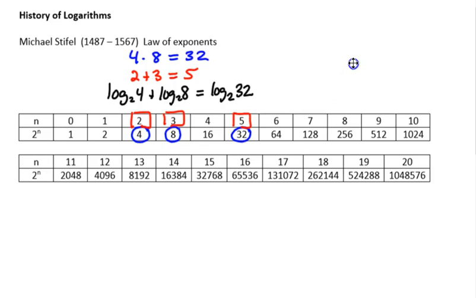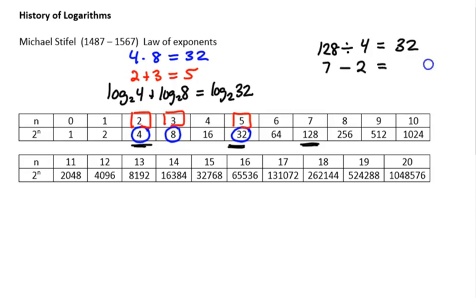We could also look at the same thing with dividing. So for example, let's say I took 128 divided by 4. Well, 128 divided by 4 is 32. You can see it, 4 goes into 12 3 times and 4 goes into 8 2 times. So if we look at those numbers on here, there's 128 and there's the 4 and there's the 32. Notice the exponent for 128 is 7. The exponent for 4 is 2.